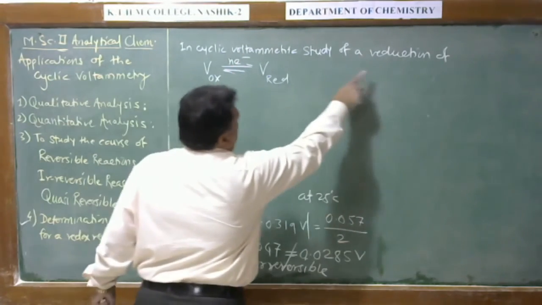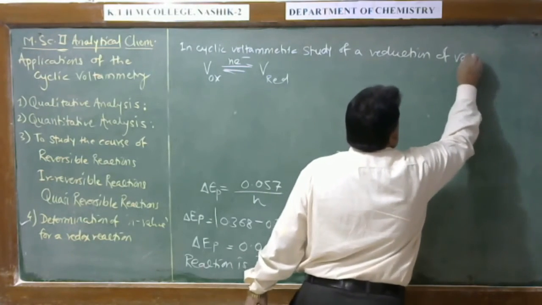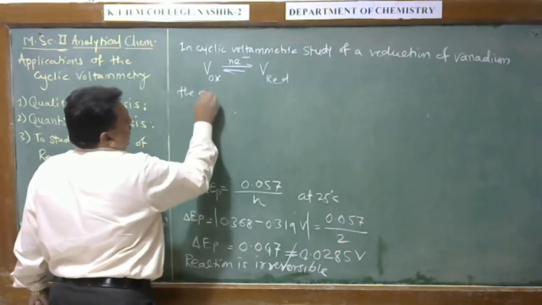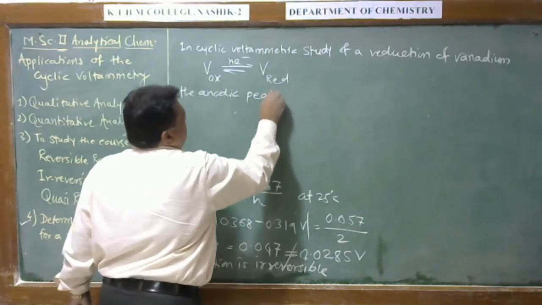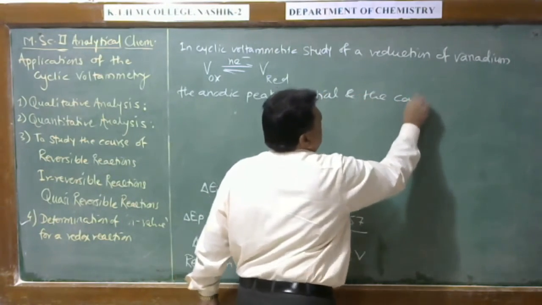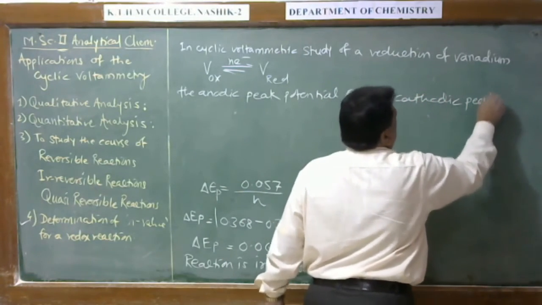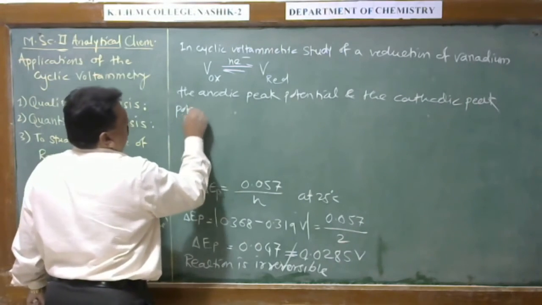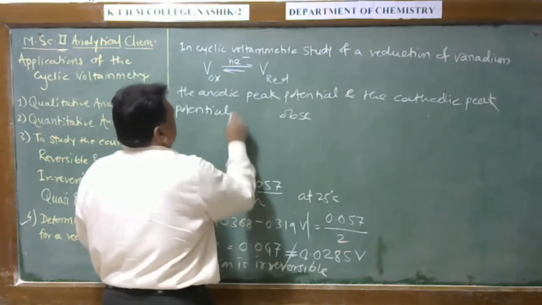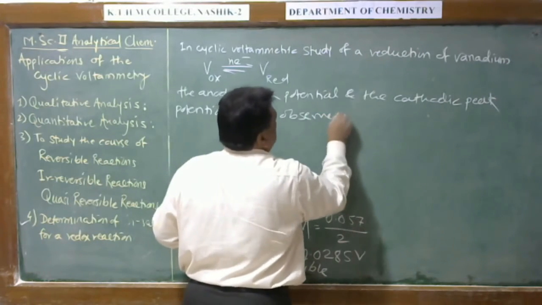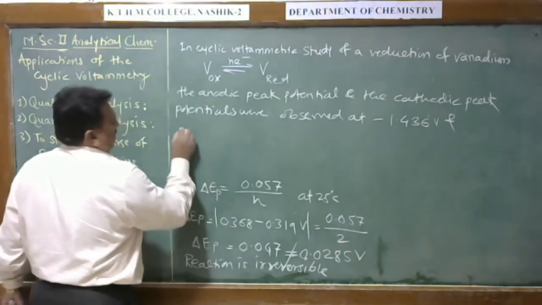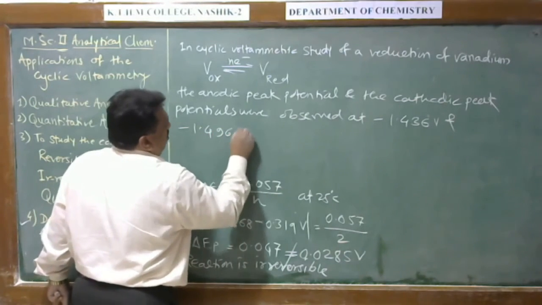In cyclic voltammetry study of reduction of vanadium, the anodic peak potential and the cathodic peak potential were observed at minus 1.436 volt and minus 1.496 volt respectively.